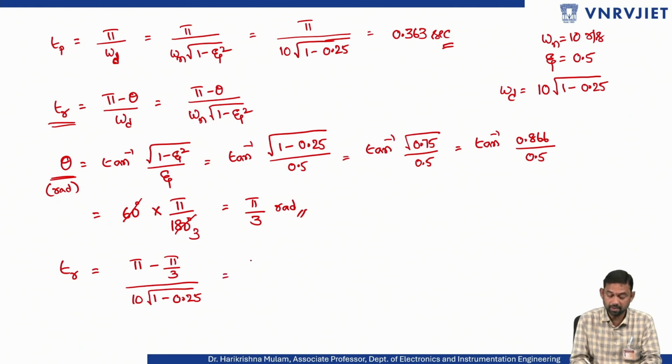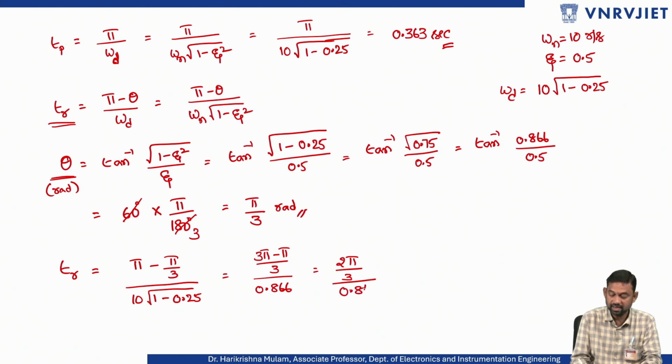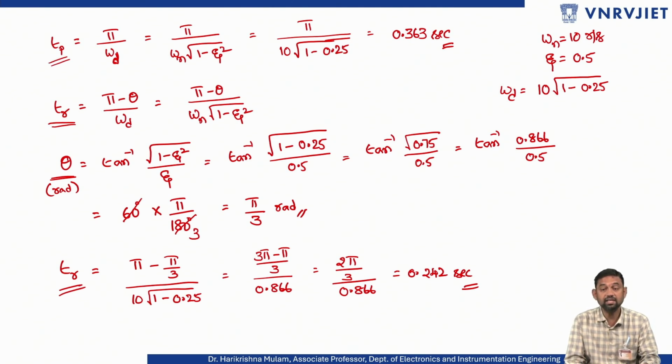That is equal to 2 pi by 3 whole divided by 0.866, which is equal to 0.242 seconds.